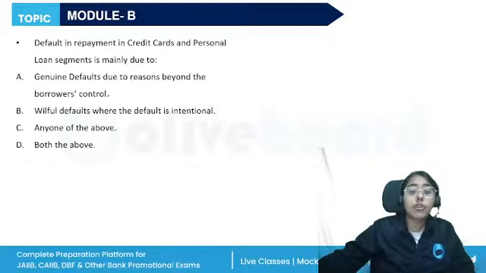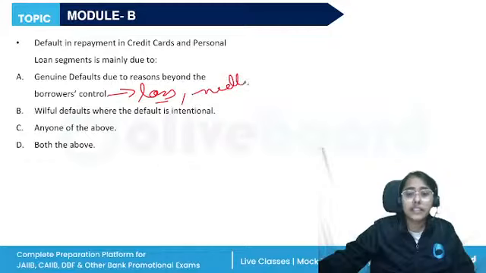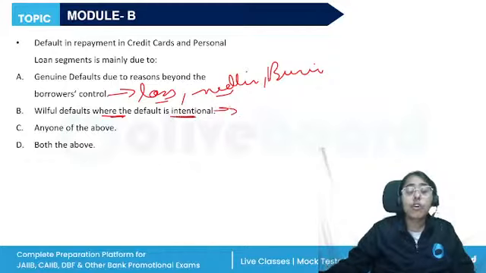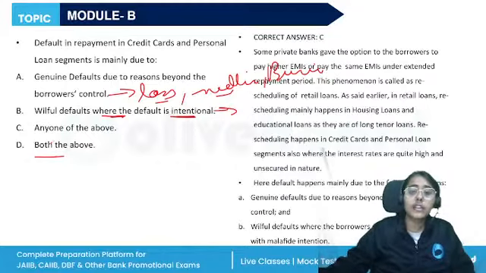Yes, if the borrower loses their job, or there is a medical emergency, or their business is shut down. Willful default, where the default is intentional, the borrower has the capacity to repay, but they are diverting the funds, siphoning off the funds, or any of the above, or both of the above. So it can be any of the above.